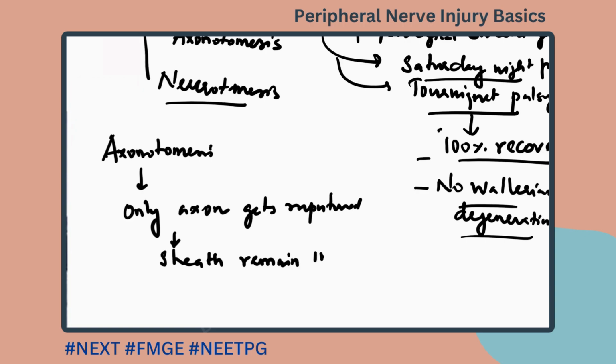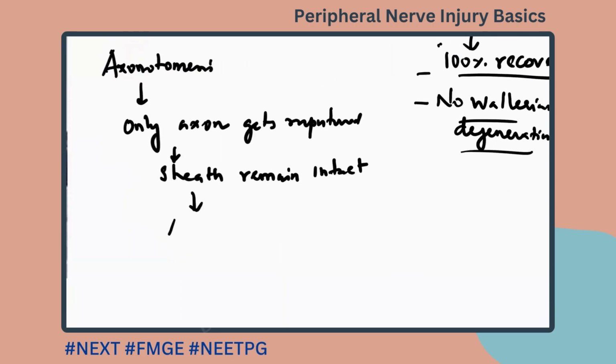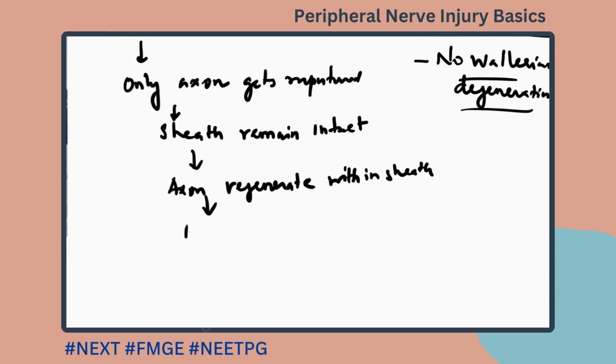Because the sheath remains intact, the axon can regenerate within the sheath, and they cause neuroma in continuity.